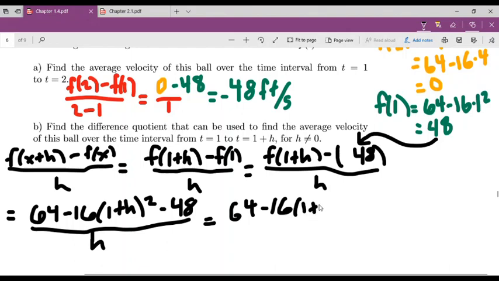So you're going to have plus 2h, and then h times h is h squared. So if you FOIL it, you should come out with something that looks like this. And then you're going to come out with a minus 48 as well. Okay, all that's over h.